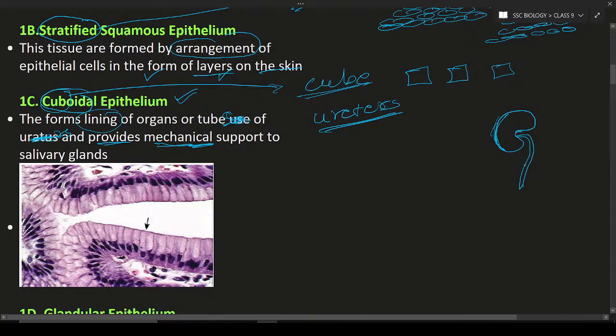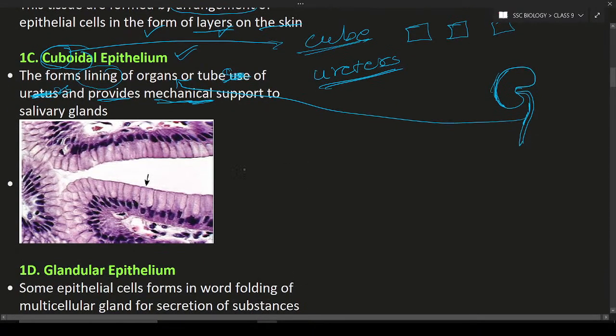The lining of the ureter is formed from cuboidal epithelial tissue. If you cut a small cross section of this tissue and observe it under the microscope after staining, you can see such a structure.